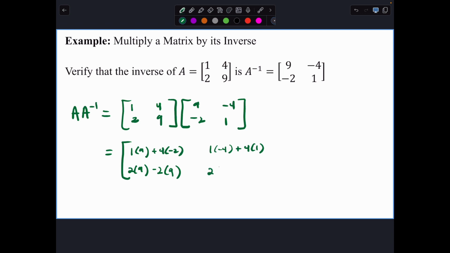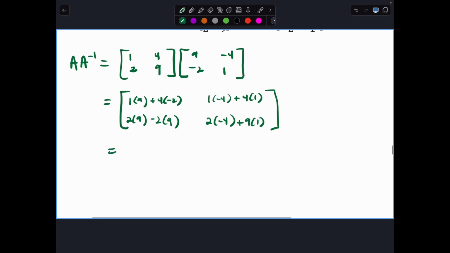And then 2 times negative 4 plus 9 times 1. And we go, oh, what's that simplify to? 9 minus 8 is 1. That's 0. 0, 1. What do you know? It's equal to the identity matrix that is order 2 by 2.